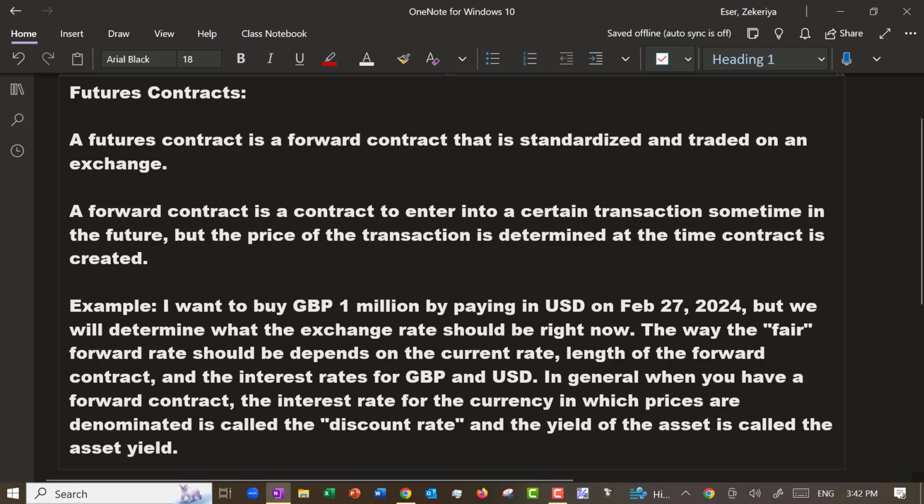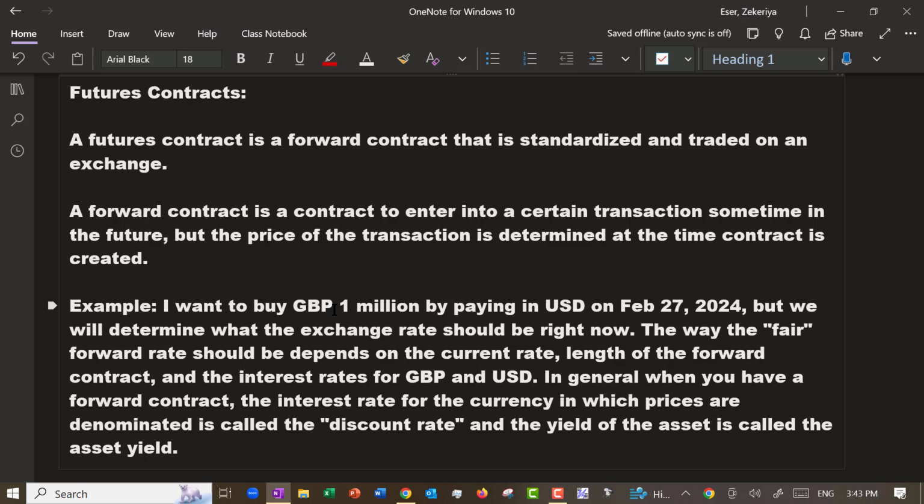If we're buying pounds by paying US dollars, the US dollar interest rate is going to be the discount rate, and the asset that we're buying or selling is the British pound, so the British pound interest rate will be the asset yield.